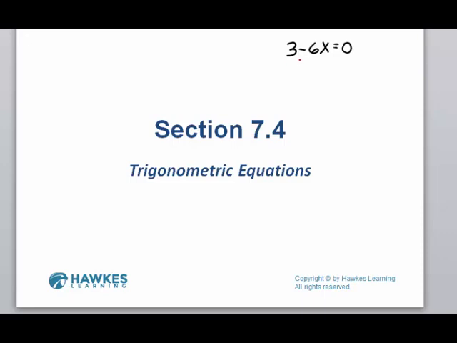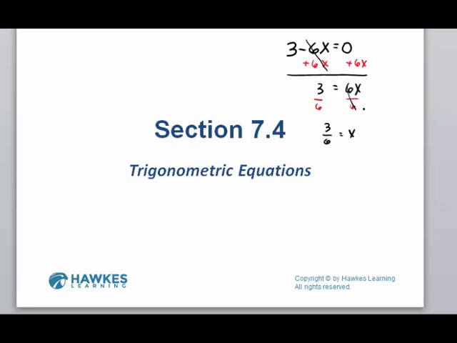So for example, I might add the 6x to both sides, which would cause it to cancel over here, leaving me just the 3 and giving me a 6x on the right. Then the next step to solve for x would be to divide by 6. Our 6's will cancel and we'll be left with 3 over 6, or 1/2, for our x value.